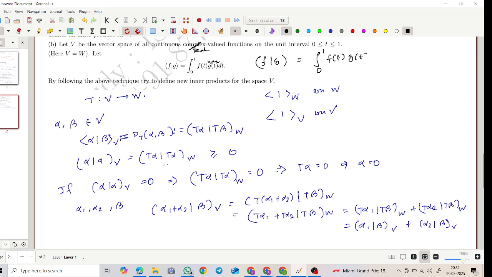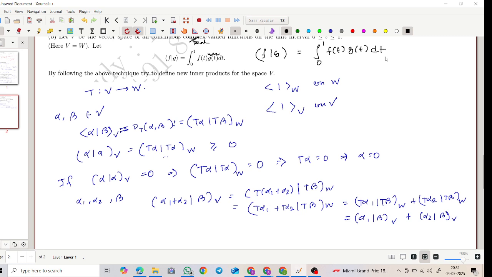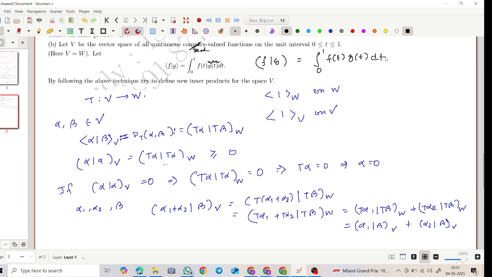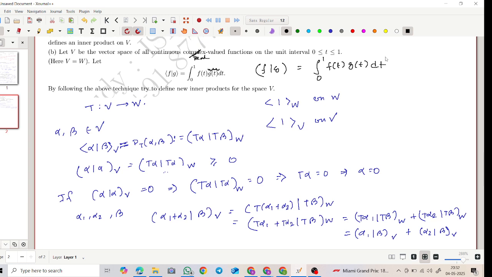Actually, when I made this problem set, I was thinking about doing it in more generality, but for this level, let's not go into the conjugacy, those things are not needed yet. So the inner product will be defined just by the integral from 0 to 1. We will show that this is an inner product.